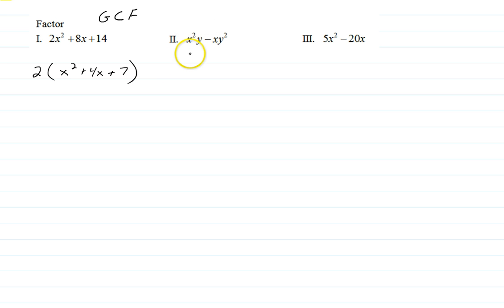Here, this has 2 x's and 1 y. This one has 1 x and 2 y's. So if I'm going to factor it out, if they have it in common, I can circle it. So I circled 1 x, so I can take an x out. I circled 1 y, so I can take a y out.